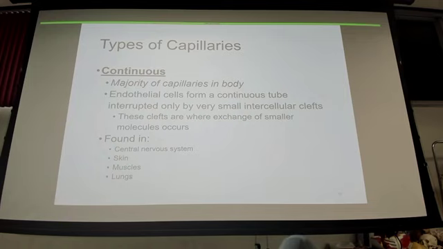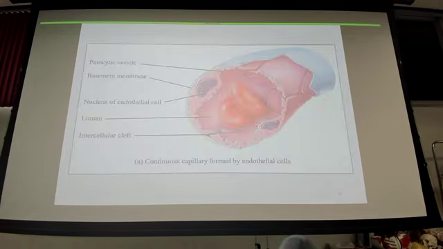Let me go to the next slide and show you. These intercellular clefts, meaning between two adjacent cells, are very small. There is a space, because don't forget the overwhelming reason we have capillaries is to deliver oxygen and nutrients. But the space is very small, because functionally, where these are in the body, they need to be small.